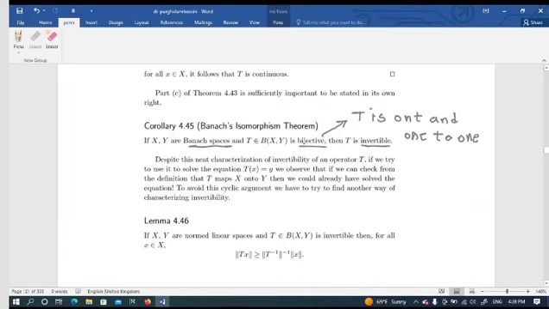Another theorem that is a corollary is the Banach isomorphism theorem.